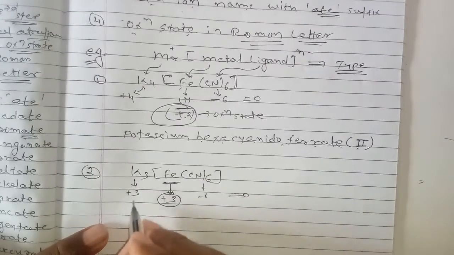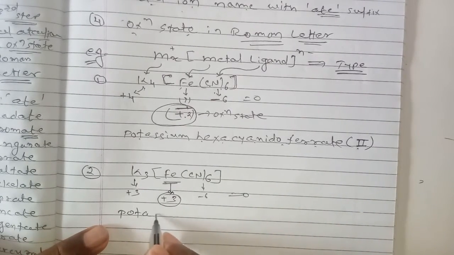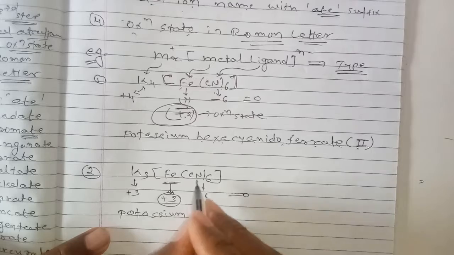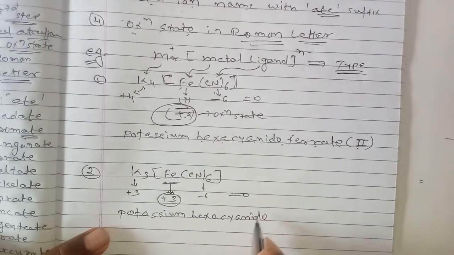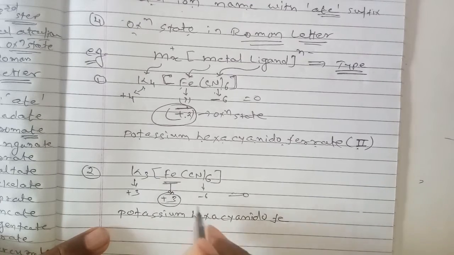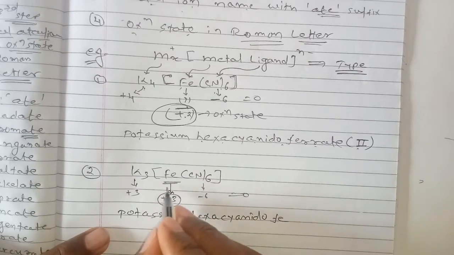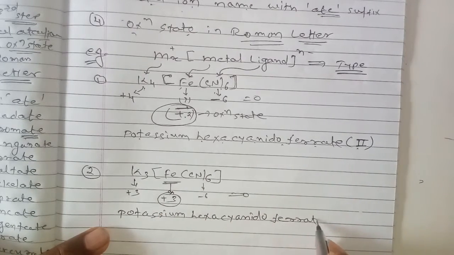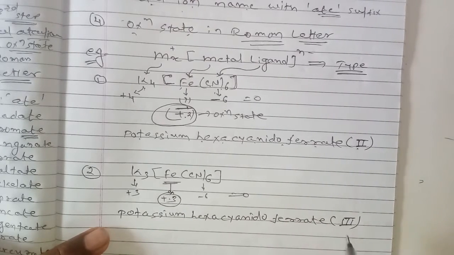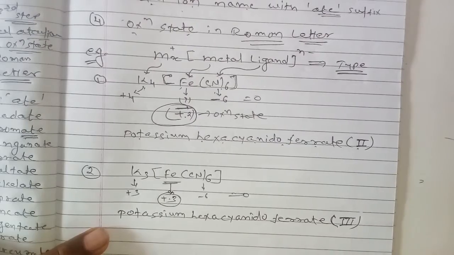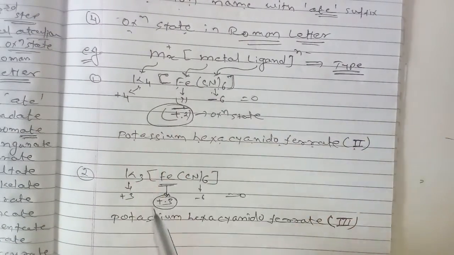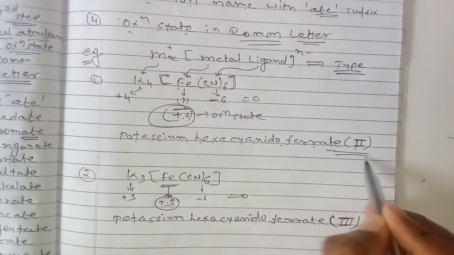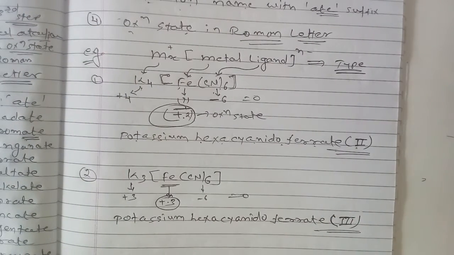So it is named as potassium hexacyanido ferrate. Now its oxidation number is 3, in Roman numerals. This is the only difference between the two complexes: their oxidation states are different.